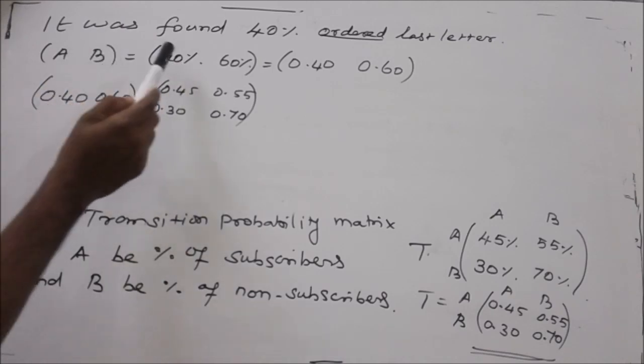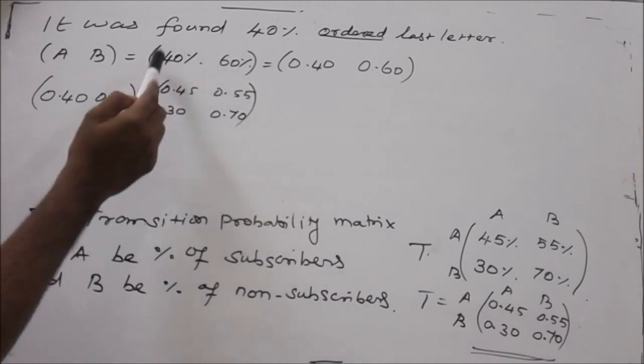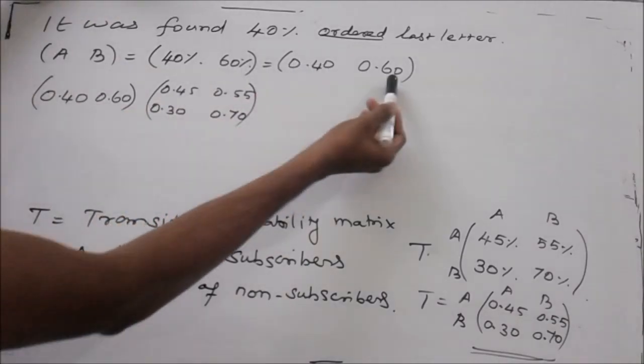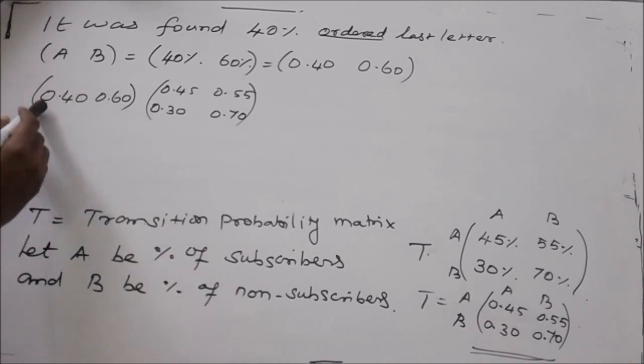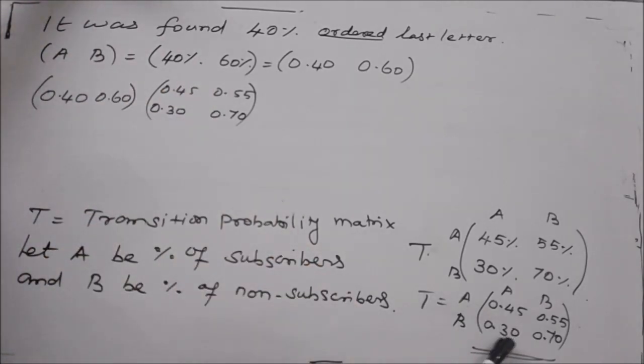B is unknown, the total sum is 1, therefore the remaining 60% is unsubscribing. If it continues, what will happen? How many people will subscribe again is our question. Now this distribution function is 0.40 and 0.60. It is multiplied with the transition probability matrix.